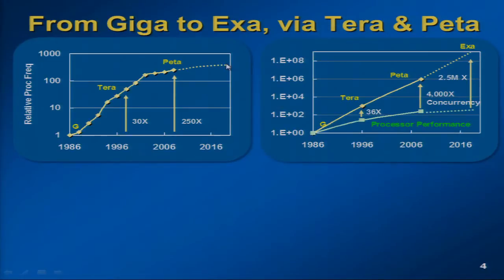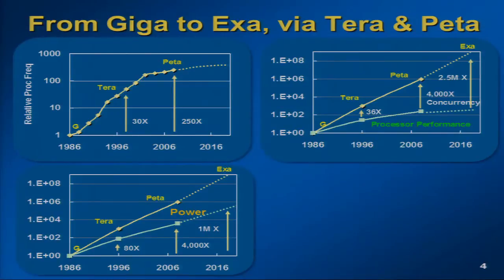At the same time, if you look at the system performance, it has increased by 3 orders of magnitude, meaning that this is your transistor performance versus the system performance. The delta has come from parallelism or concurrency. 36x, 4000x. At this rate, when you go to the exascale that John wants, it's going to be 2.5 million times increase in the concurrency itself.